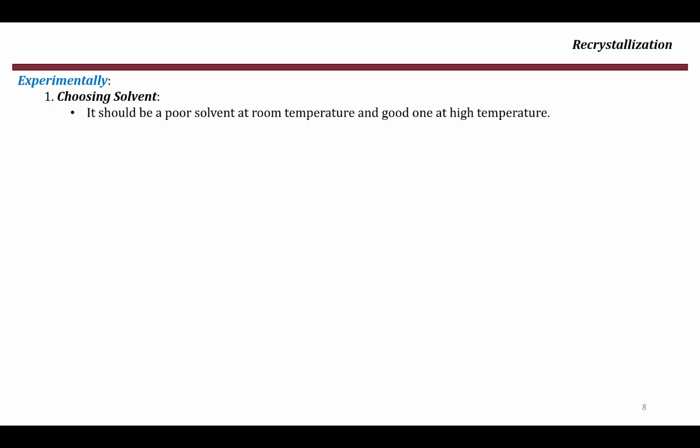So whenever you are given a couple of solvents and asked to choose the best one for recrystallization, make sure that this solvent has very low solubility for your compound at room temperature and a high solubility at the boiling point of the solvent. Always try to choose the solvent which has the biggest difference between the room temperature solubility and the high temperature solubility. This is the best solvent.